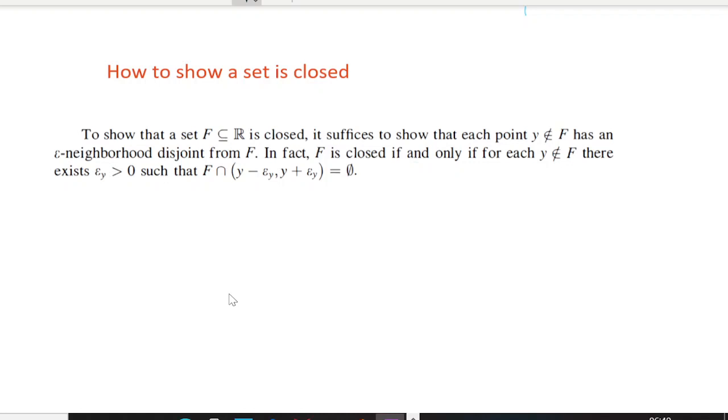Right? So we want to show that a set is closed. What should we have to do?